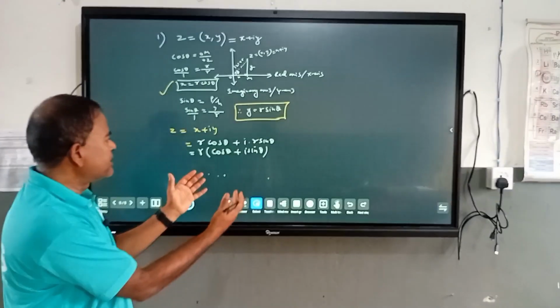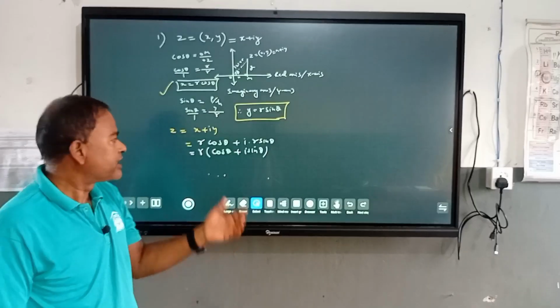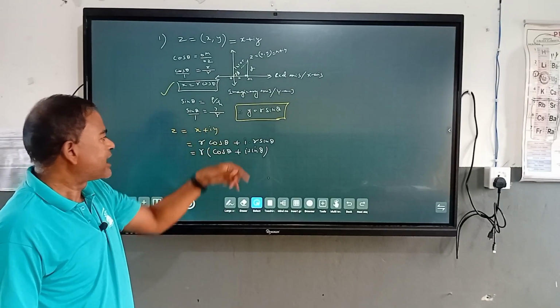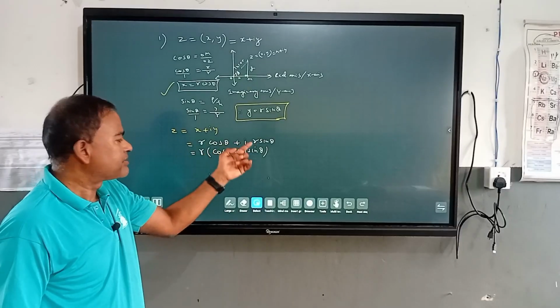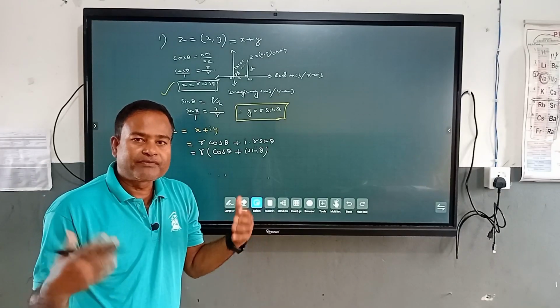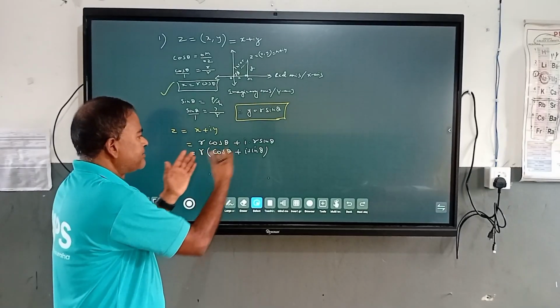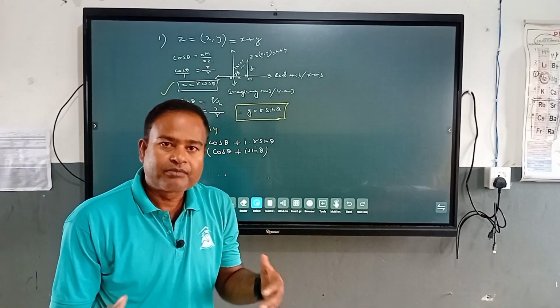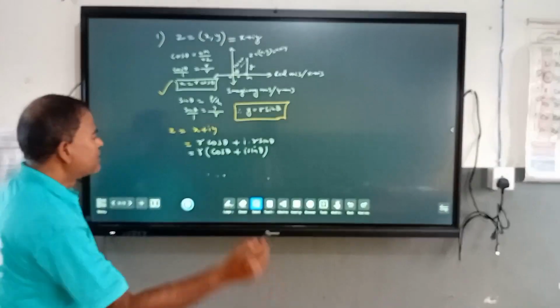So after substituting both the x and y components in the algebraic form, that means in x plus iy, we get r cos theta plus I times r sin theta, and after taking r common, we have got r times cos theta plus I sin theta. So this is known as the trigonometric form of complex number.